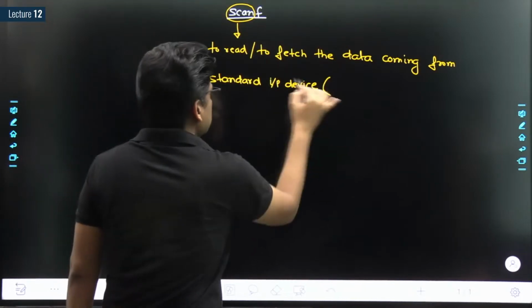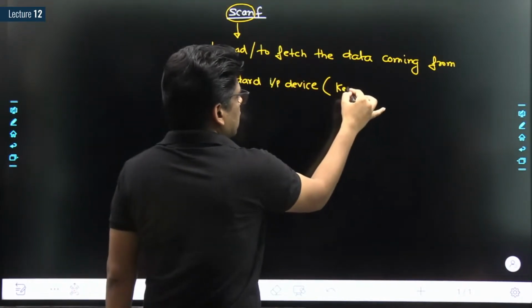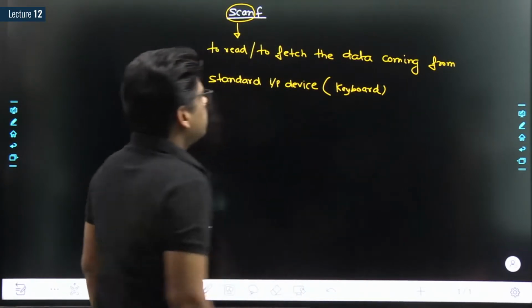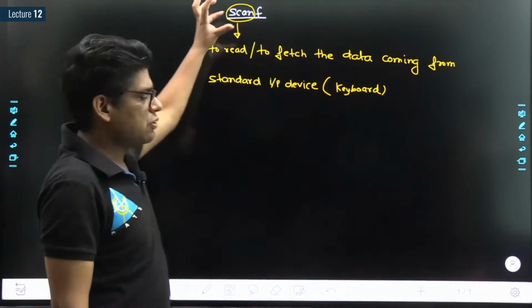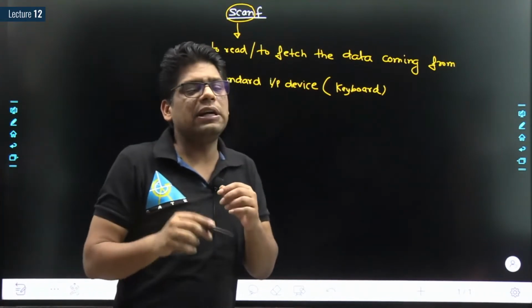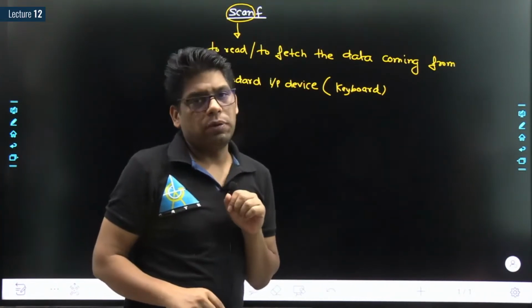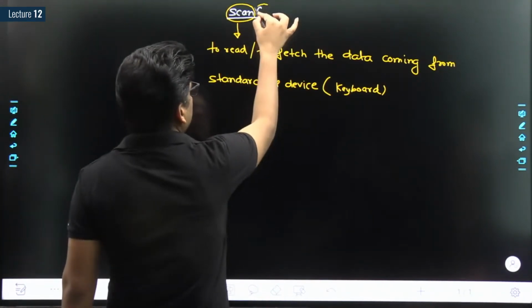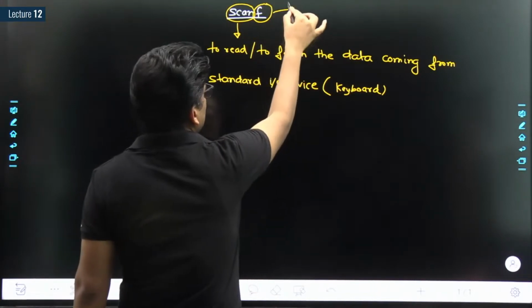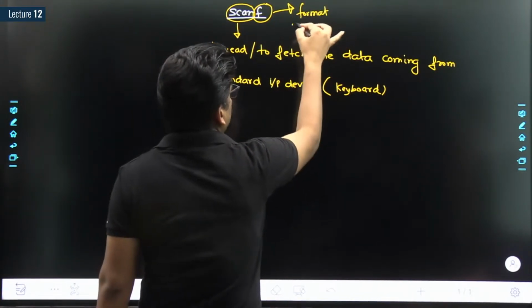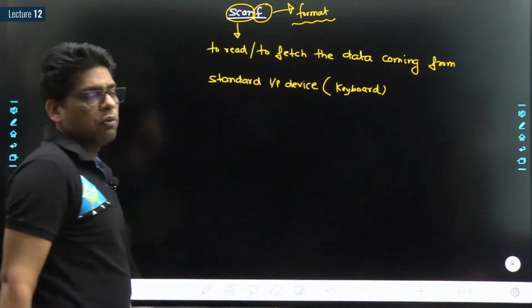What is a standard input device? Keyboard. What is the task of scanf? Scanf is used to read, used to take, used to fetch the data coming from the keyboard. What does F mean? Again, just like printf, F means format. That means we need to provide the format also.